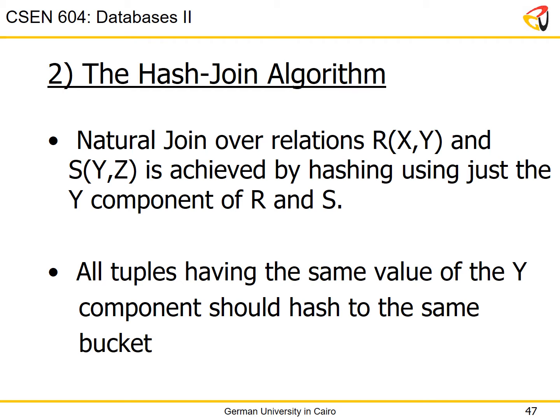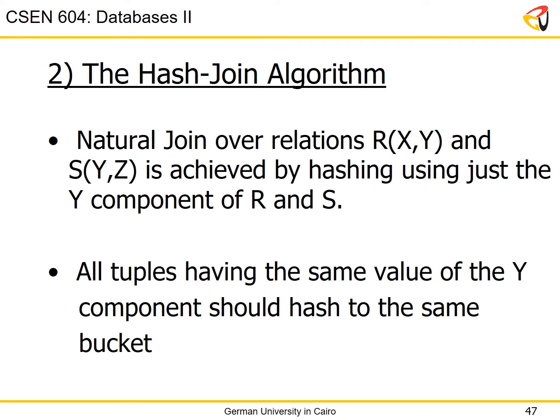So I will grab all the values in r.y and insert them into a hash table. And next I will extract all the values in s.y and insert them into a second hash table.